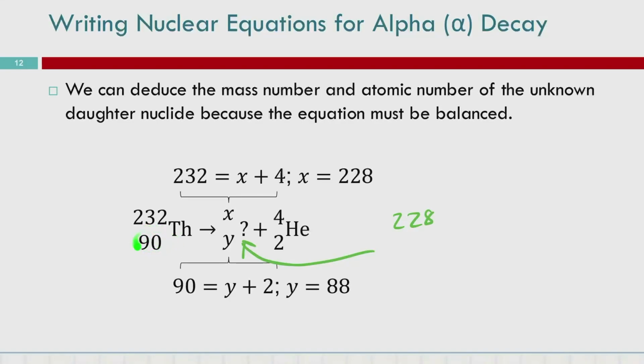We also solve for the bottom, 90 equals y plus 2, since the atomic number has to be the same on the right side as on the left side. So we come to the conclusion that y must be 88. And then we would look at our periodic table and find 88. That's going to be Ra. So we would write the symbol Ra here, and that would be our daughter nuclide. That's what we would call it.